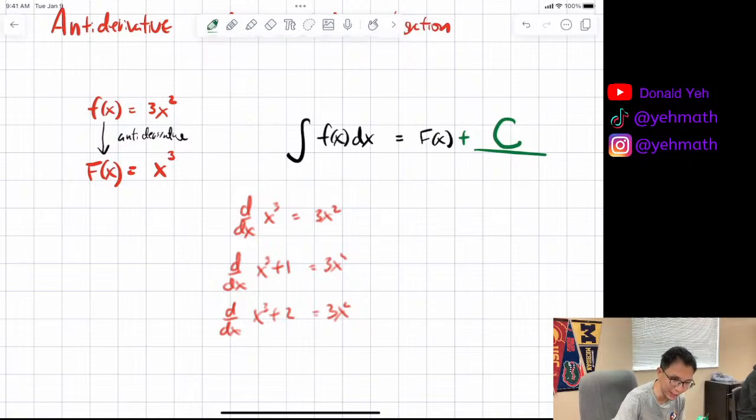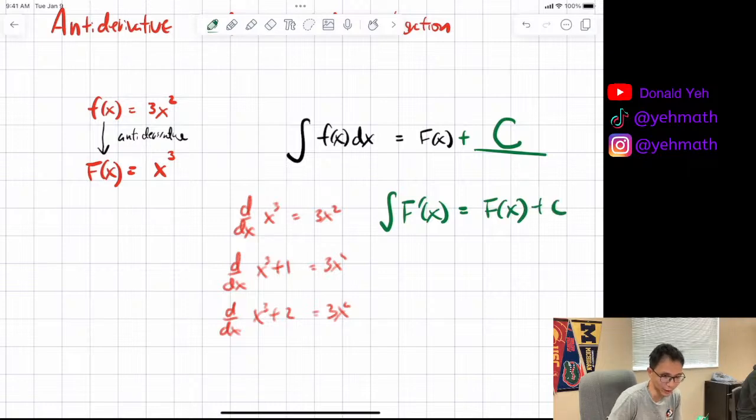Sometimes people write it in this way, as the integration of capital F prime of x, and that's also equal to capital F of x plus C. If you integrate a capital F prime of x, it's going to be capital F of x plus C, or a non-capital f of x.